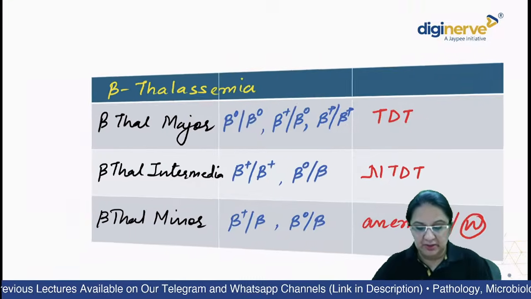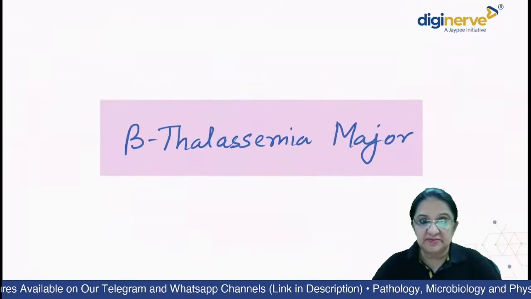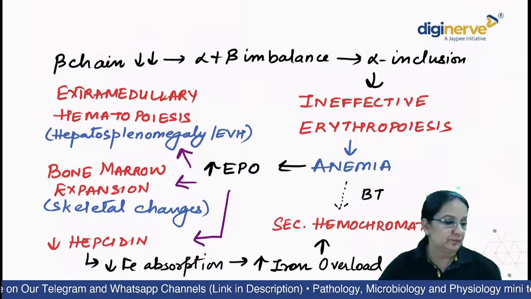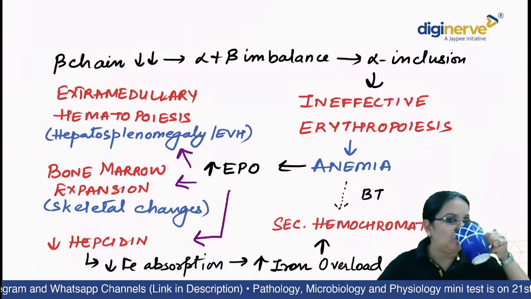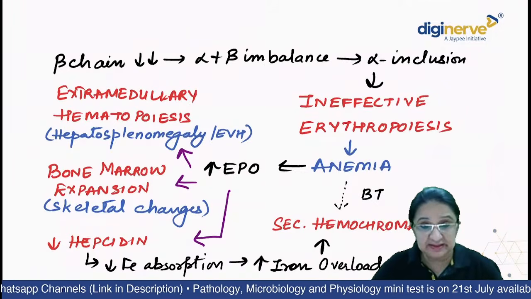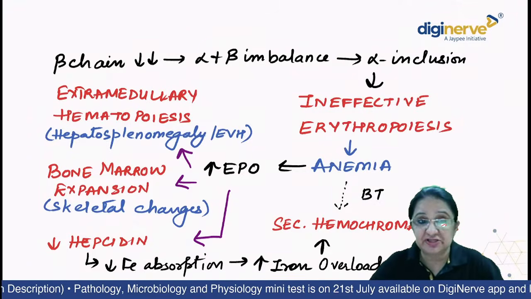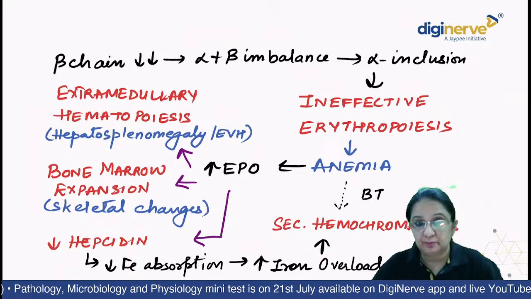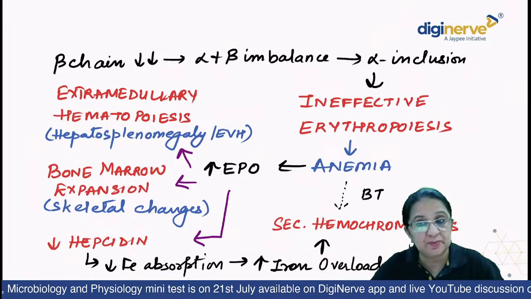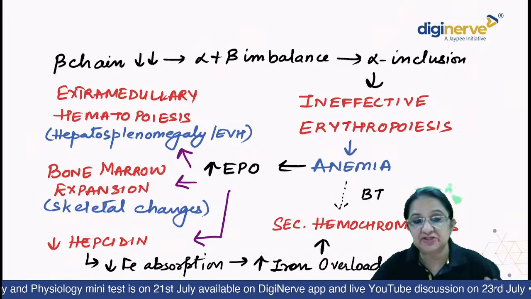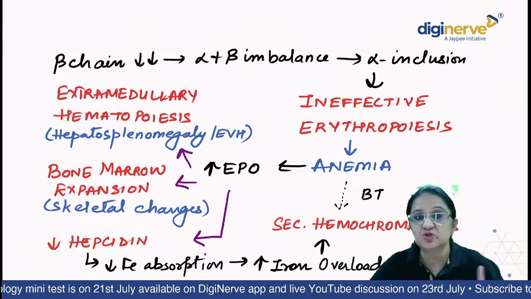All right. Okay, coming to beta thalassemia major. The exact pathogenesis, what occurs, there is deficiency of beta chain, right? Beta gene chromosome 11, remember. Alpha gene chromosome 16, beta gene chromosome 11.